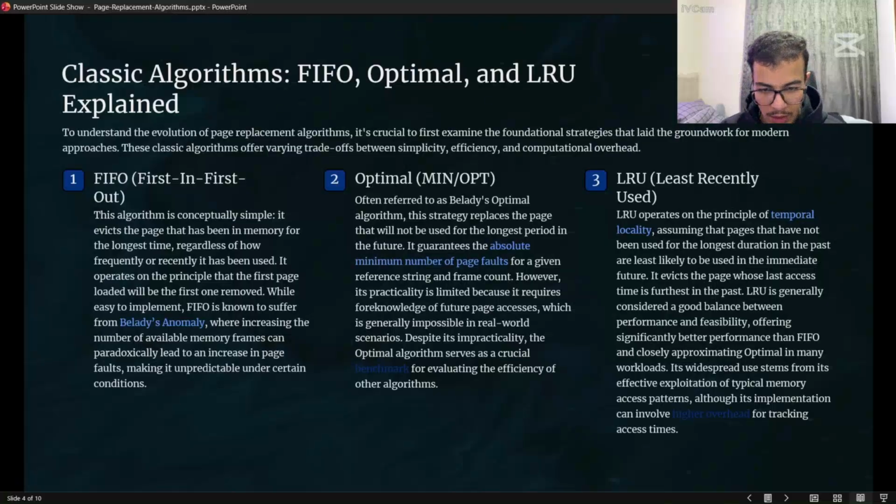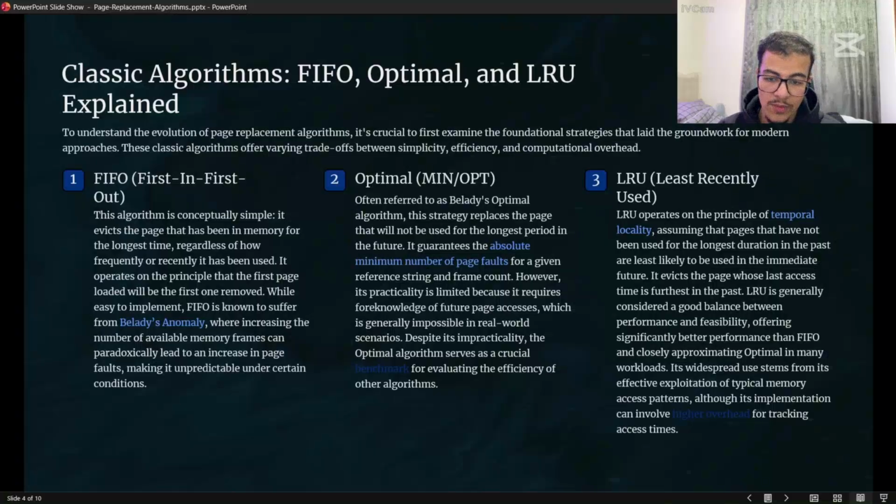LRU, least recently used. LRU operates on the principle of temporal locality, assuming that pages that have not been used for the longest duration in the past are likely to be used in the immediate future. It evicts the page whose last access time is furthest in the past.